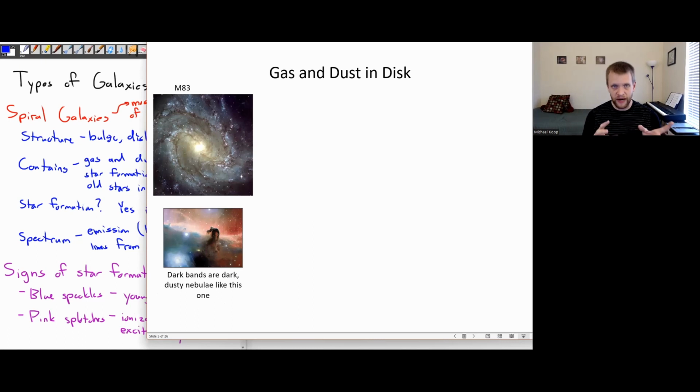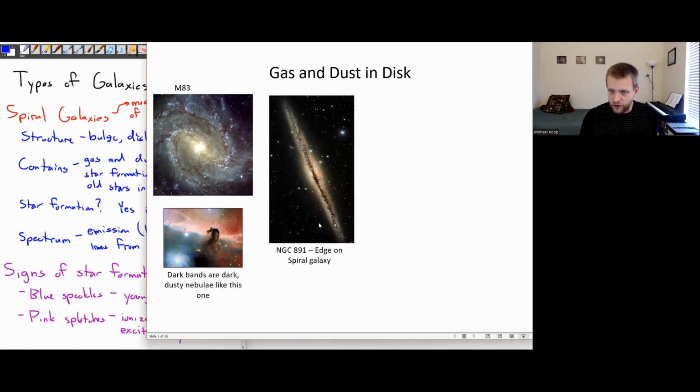We talked about dark matter very briefly in one of the earlier sections, but dark matter doesn't even block light. So if there was a cloud of dark matter in front of some source of light behind it, that light would be able to go through the dark matter without being affected in any way. So these darker areas are not dark matter, they are clouds of gas and dust.